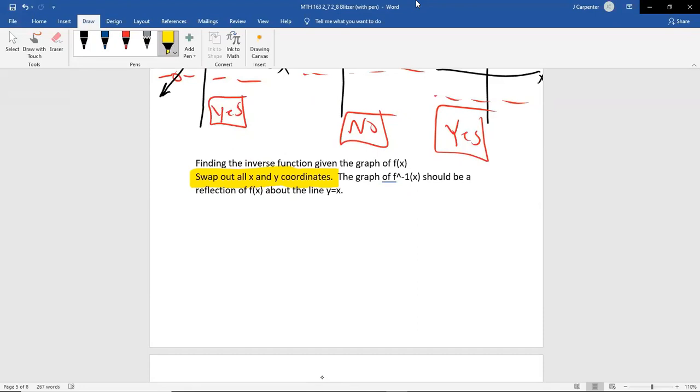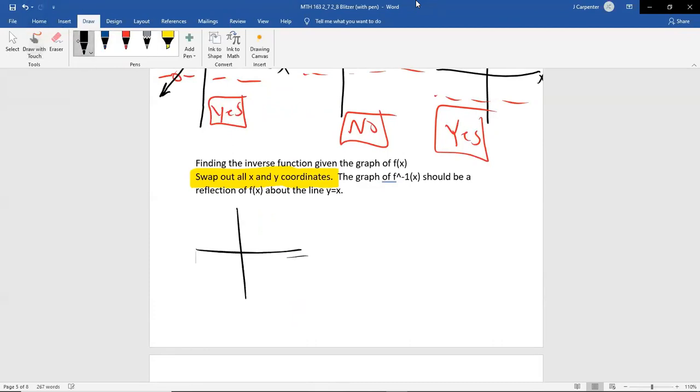Now, some people will do this 100 or 1,000 times, and they learn to actually just reflect it about that line. It can be really difficult to do that for some crazier functions though, so I'm not a huge fan. Me personally, I still just always swap the coordinate pairs. So you can do a reflection, but it's not as easy as just reflecting left or right.